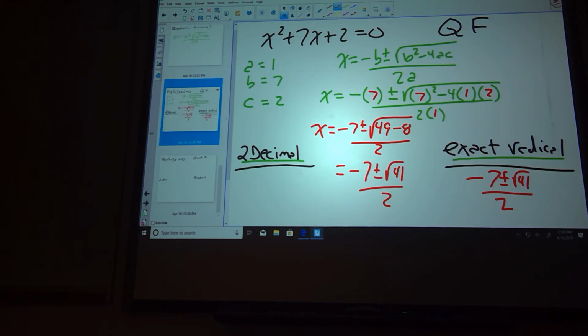Yeah, there it goes. So a square root key.